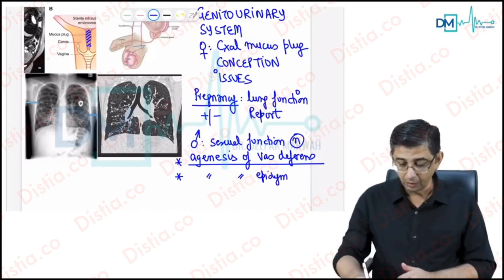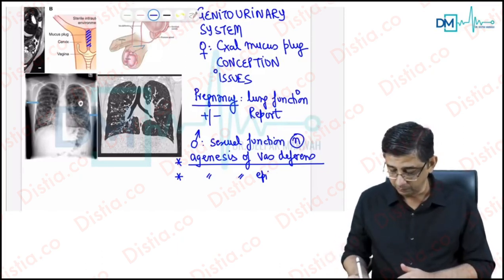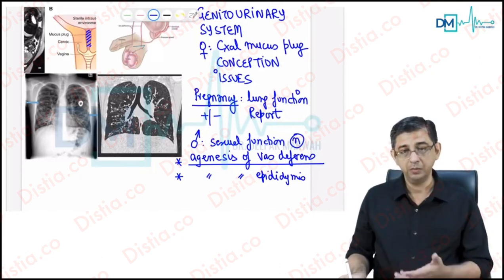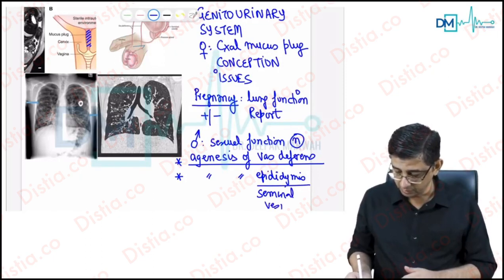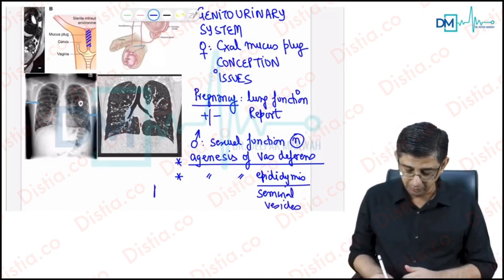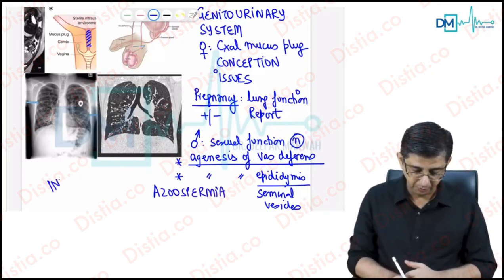Even the seminal vesicles are not developed properly in the patient, so the basic infrastructure for sperm transport would be hampered in this condition, and therefore the final result for a male patient with cystic fibrosis would be development of azoospermia.